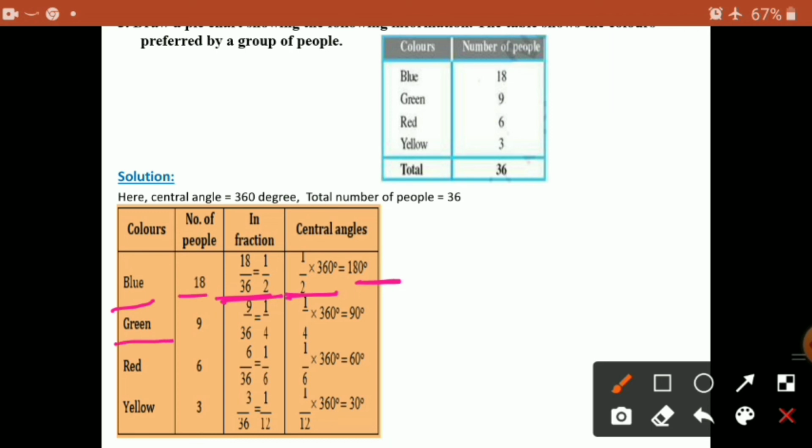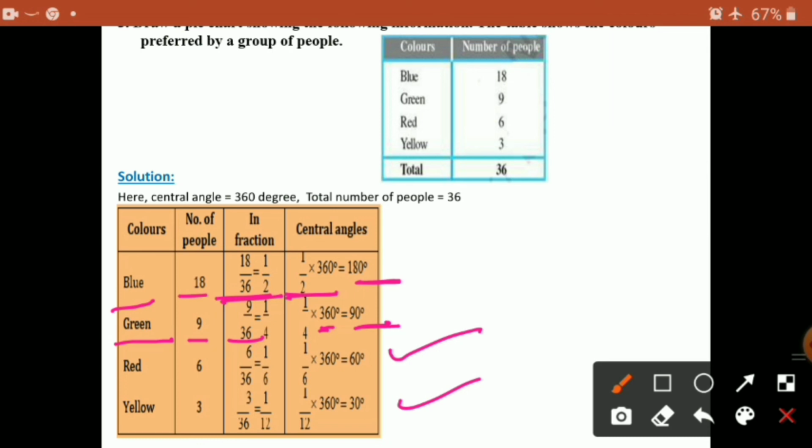After that, for the green color, the number of people is 9. So 9 divided by the total, 36, is 1 by 4. When we multiply 1 by 4 with 360 degrees, we get the angle 90 degrees. In this way, we find the angle for red color and also 30 for yellow color.